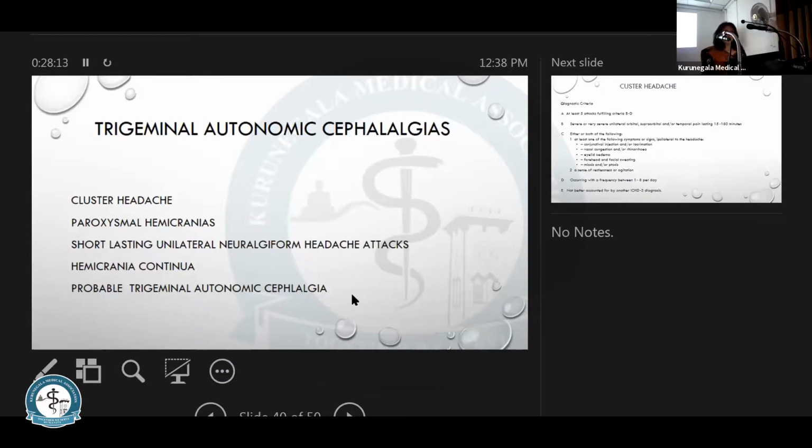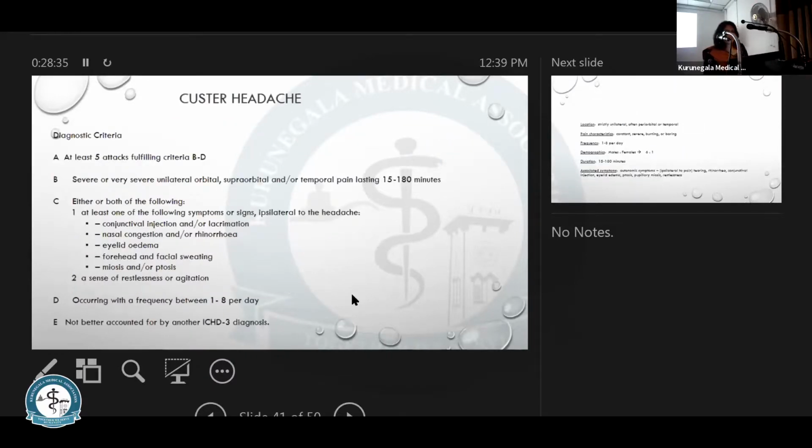Cluster headache is one of the trigeminal autonomic cephalalgia, and it is the commonest variety. The others are the paroxysmal hemicranias, SUNCT, the hemicrania continua, and probable trigeminal autonomic cephalalgia. Out of these, I'm going to discuss only the cluster headache because it's the commonest variety.